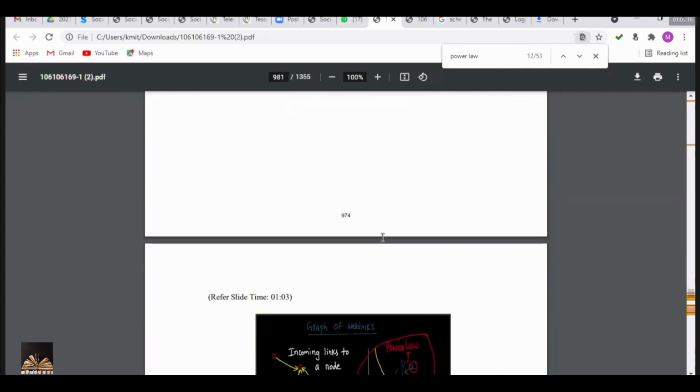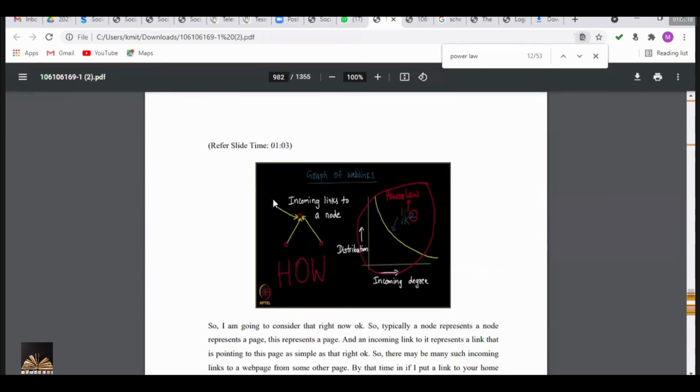That is how the graph has to be taken here. If I take this node, there are three incoming lines. If I draw this relation in a plot, with the x-axis as the incoming degree and the y-axis as the distribution, the curve will be like this. Here the curve represents the value 1 by k square, where k is the degree.